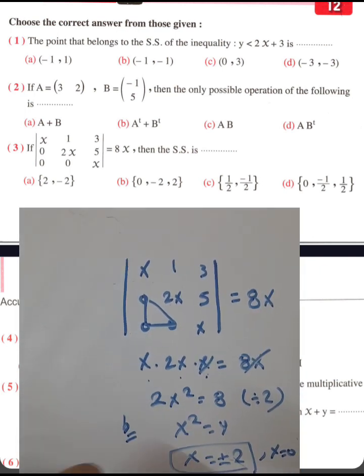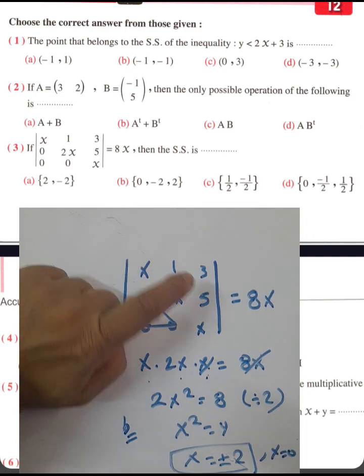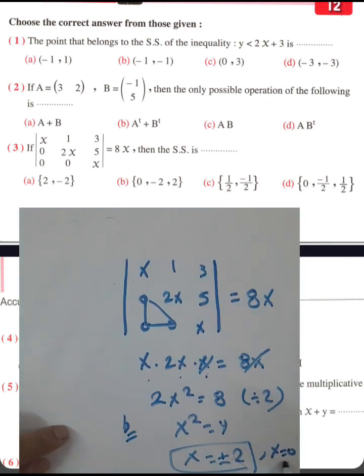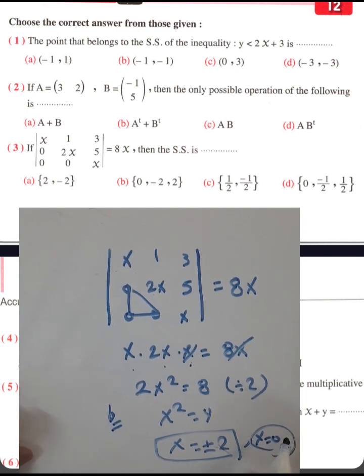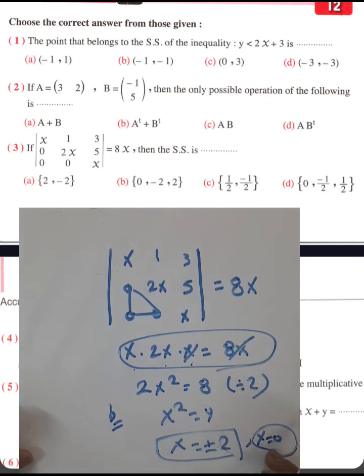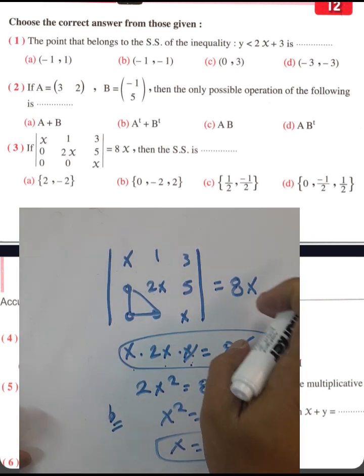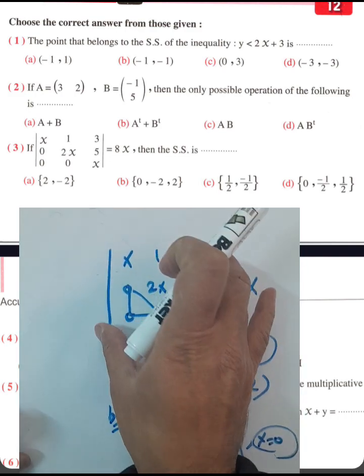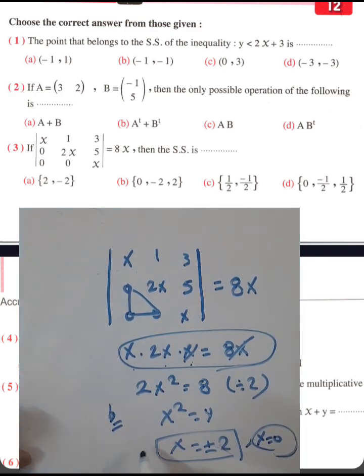Then we can put x equals 0 here, because if you put 0, 0, 0, then left hand side will be equal to right hand side, then x equals 0 satisfies this determinant. Okay, this is a solution, x equals 0 again, because if you put x here it will be 0, and x here 0 and 0 and 0, then the result of the determinant is 0, 0 equals 0. Then we have 3 solutions, choose letter P.